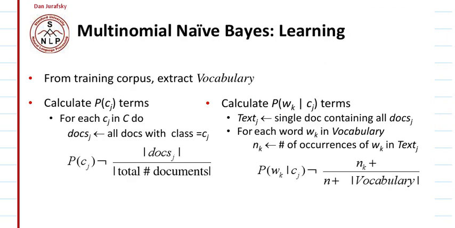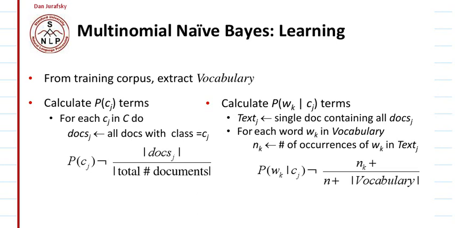This is actually the multinomial naive Bayes algorithm written in terms of an algorithm. We just need to calculate the probabilities of all the CJs. We need to calculate the probability of all the words that are present in the document, so that we are able to get all the parameters, all these probabilities that are required to predict the class.